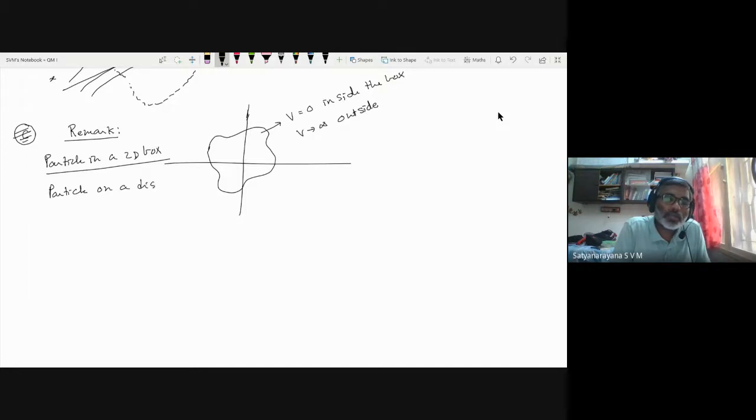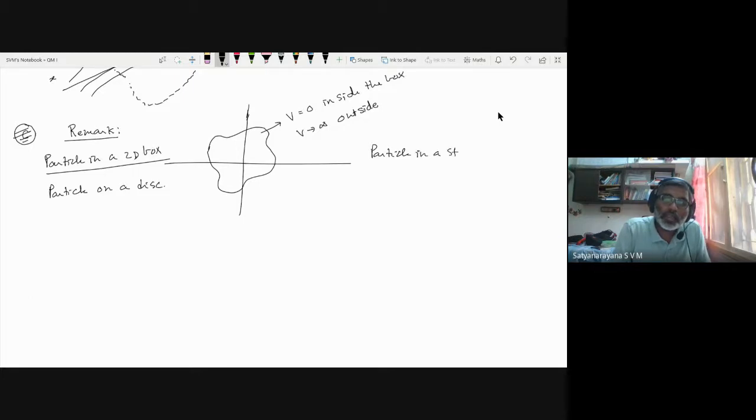That means this is a circular region. And there is a lot of work. In fact, you have some kind of a particle in a stadium.